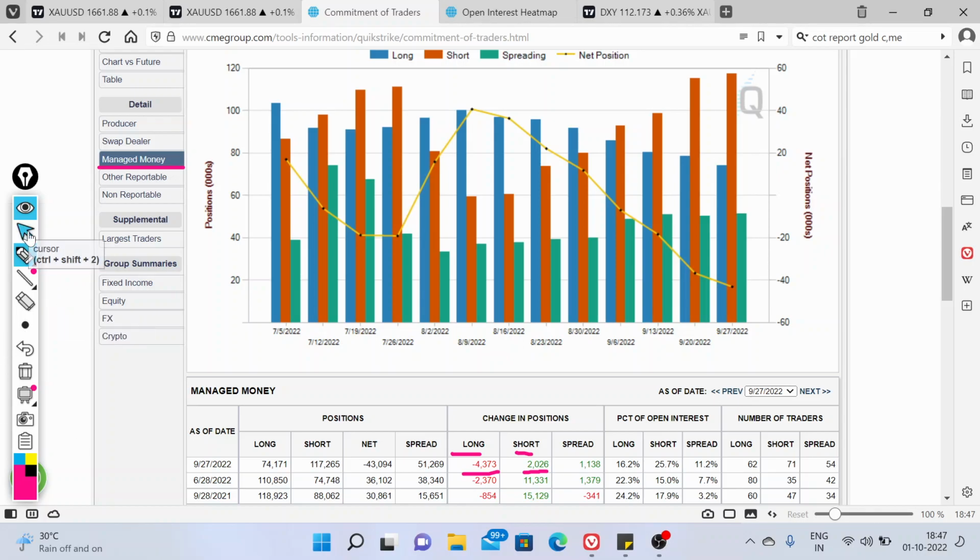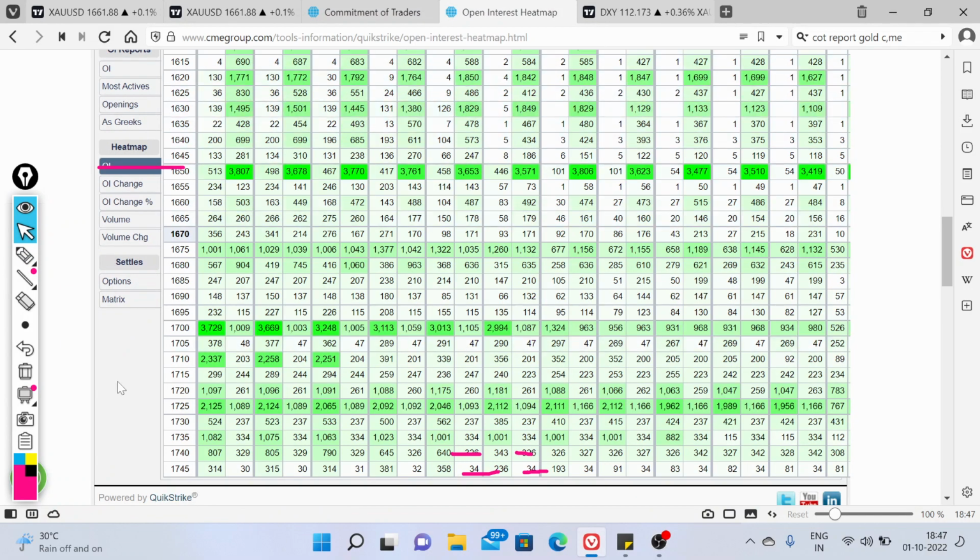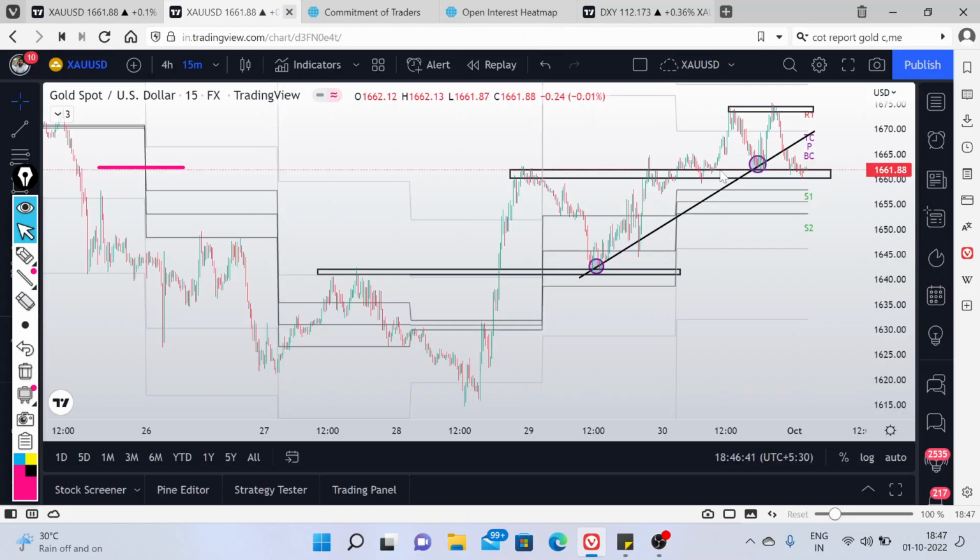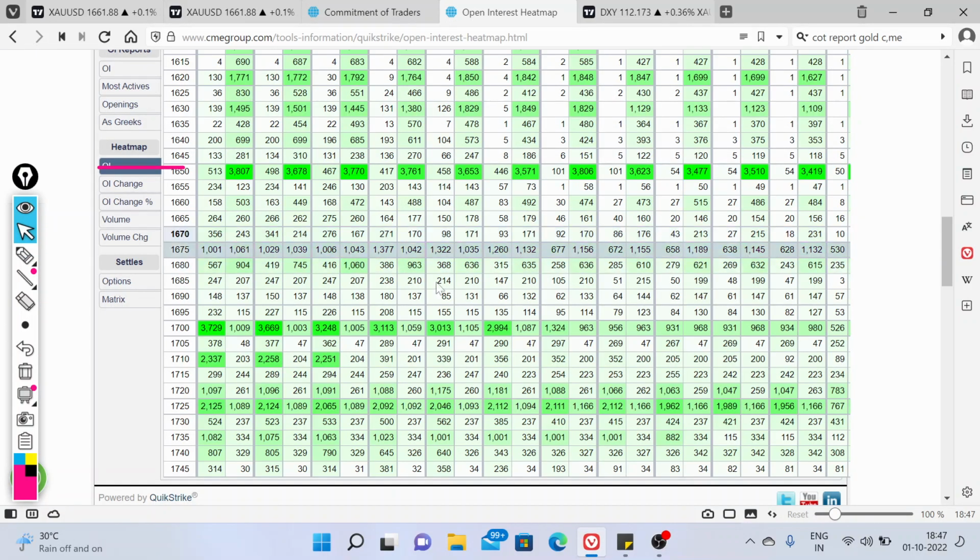And if we look at the open interest chart, this is the open interest chart over the heat map, and we closed at around 1661 level. And if we look at this heat map, this is the closing price at around this level here.